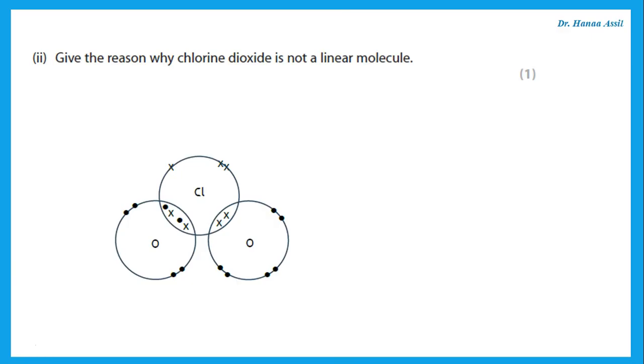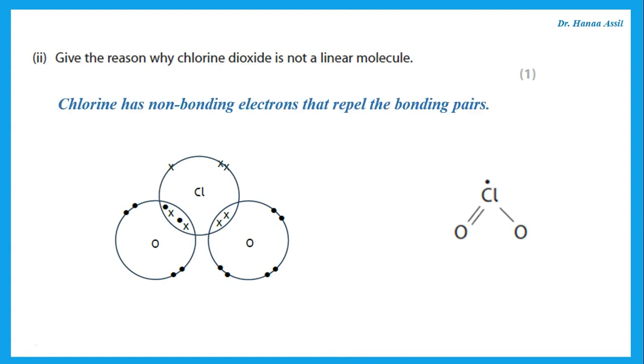So if we have this kind of dot and cross diagram, that means the chlorine has non-bonding electrons, and the non-bonding electrons repel the bonding pairs of electrons, and that means it cannot be linear. It has to be just like water, for example, so it is non-linear.